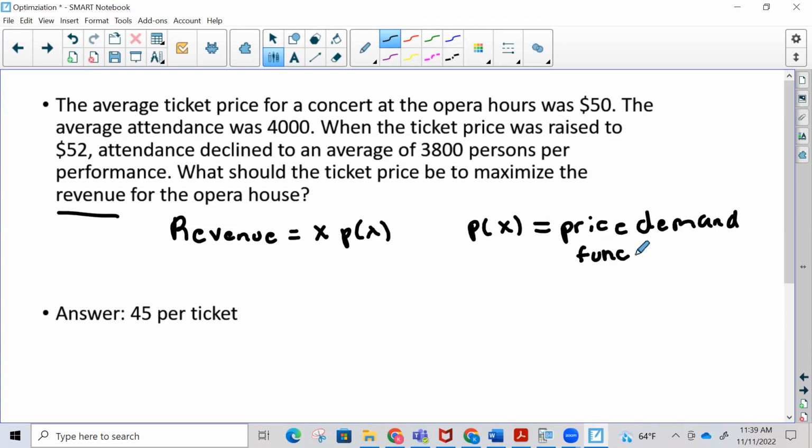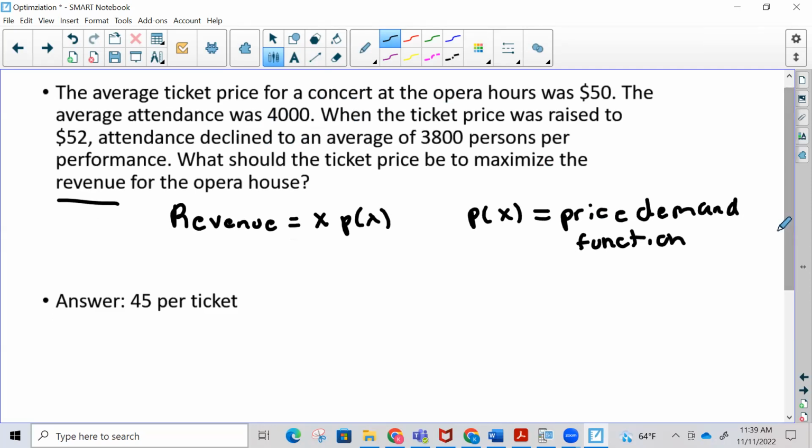And this problem will give us a linear function for the price demand function. So when we do this, P is your price and X is, in this case, the number, the average attendance.